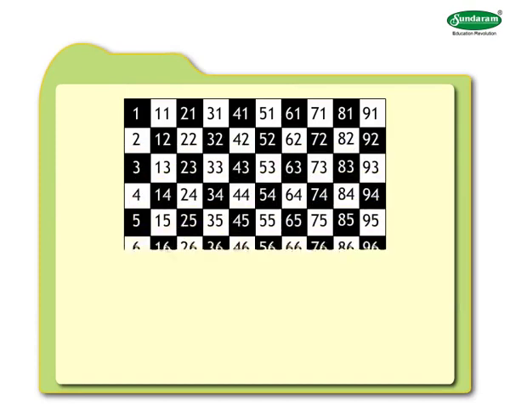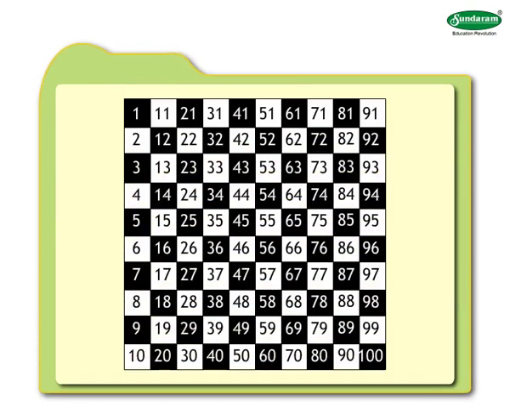Look at the table of numbers alongside. Notice that if we start from number 1, which is an odd number, and check the first row, we have 1, 11, 21, 31, 41, 51, 61, 71, 81, and 91. All are odd numbers as they have 1 in their units place.